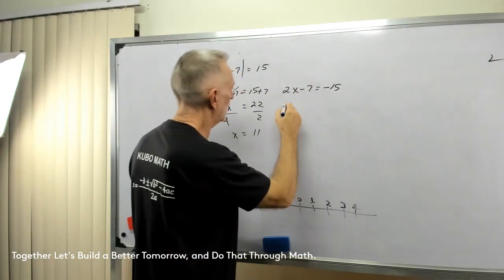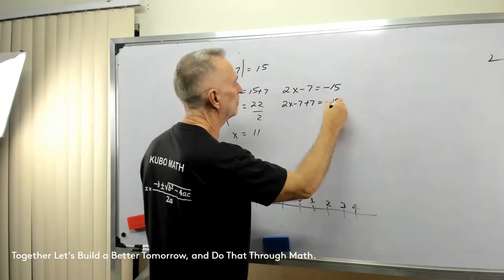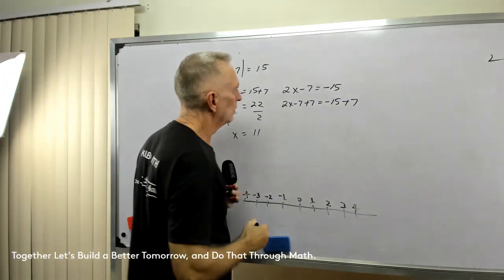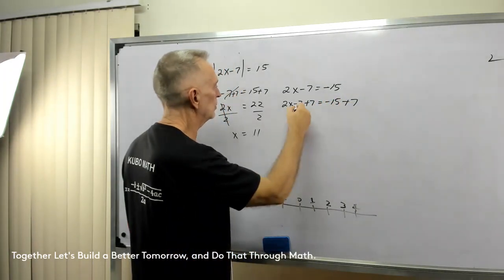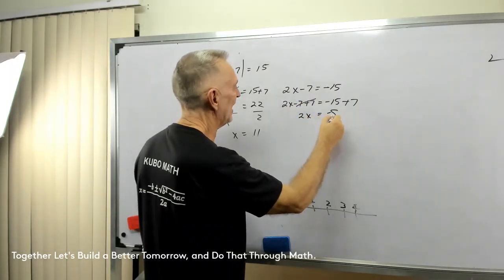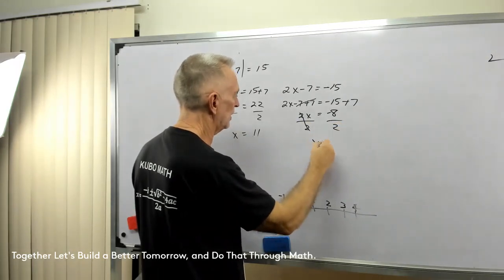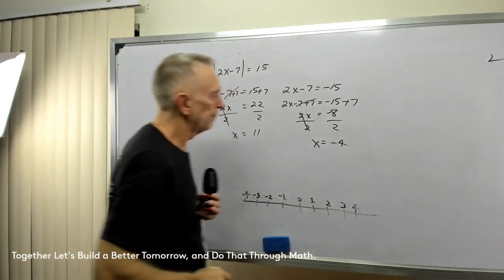All right, in this case, 2x minus 7 plus 7 equals negative 15 plus 7. Oh, so these cancel, so 2x equals negative 8. Divide both sides by 2, x equals negative 4.